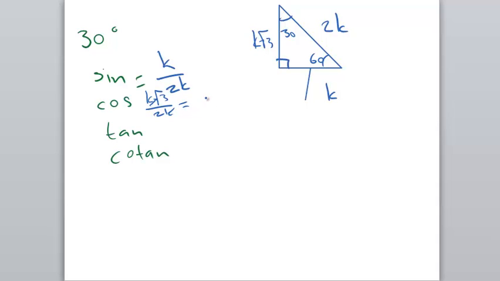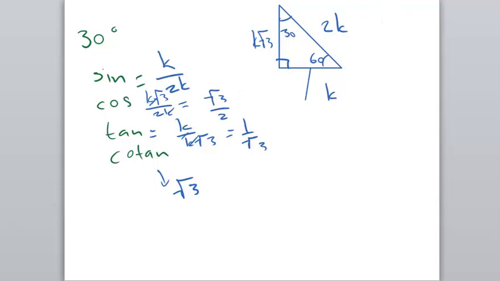So it is root 3 over 2. And tangent is opposite over adjacent, which is k over k root 3, which will be 1 over root 3. As we said, cotangent is the opposite of tangent, so it is root 3.